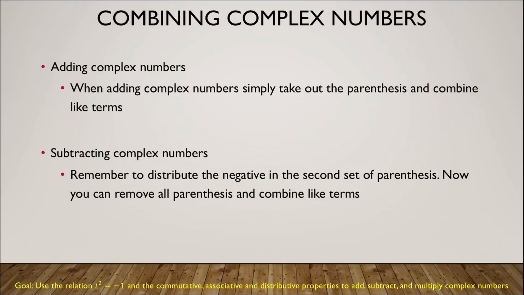All right, so combining complex numbers. When we're adding complex numbers, we simply take out the parentheses and combine like terms. This is just like what you've done before using like variables, or we did it with rationals in the last unit. Very same thing. With subtracting, we have to remember to distribute our negatives, and we'll look at that.